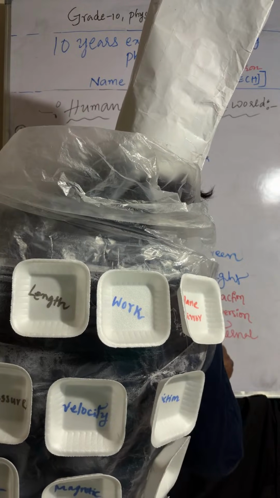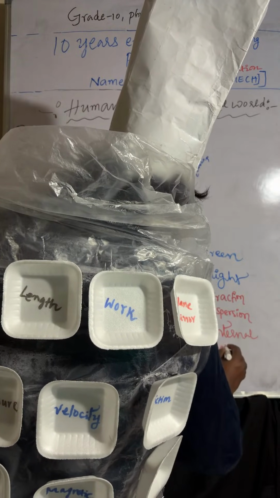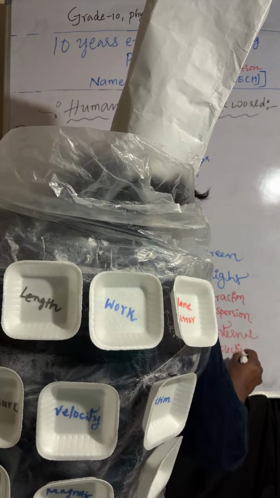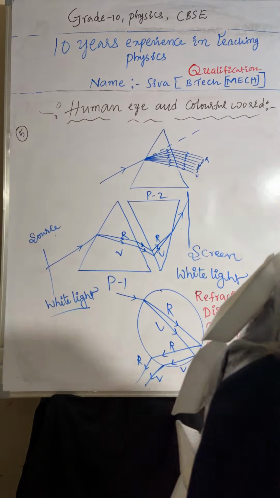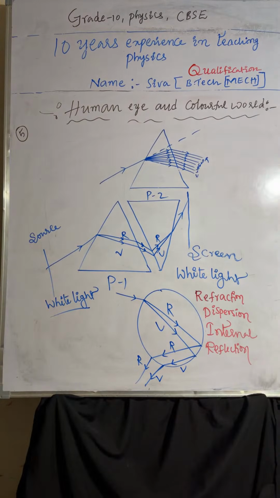First is refraction, second is dispersion, and the next is internal reflection. I hope it is very clear.